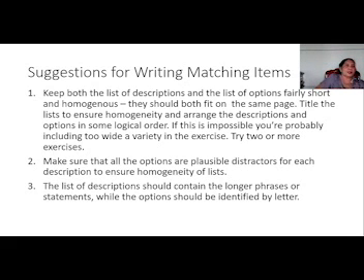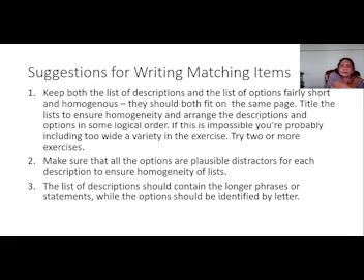The numbers could be arranged according to magnitude, from the smallest to the biggest. If those are formulas, maybe you could arrange the formulas from the simplest to the most complex. Now, if this is not possible, you're probably including too wide a variety in the exercise. Try 2 or more exercises.